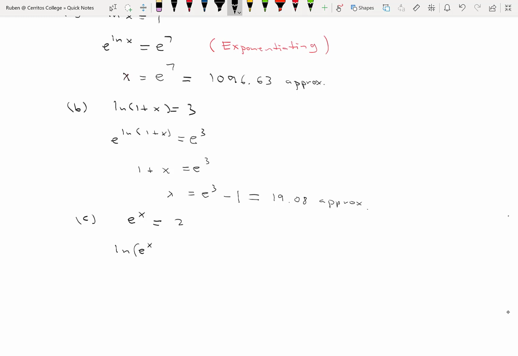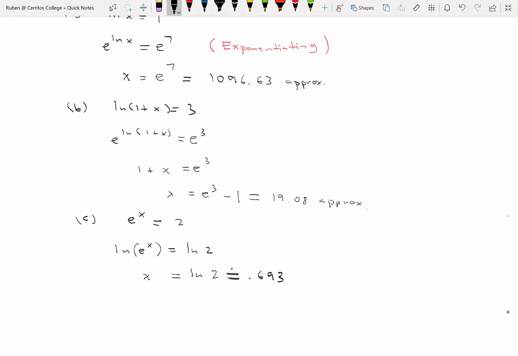Natural log of e to the x equals natural log of 2. Natural log and e to the x are inverses, so however you compose them, they cancel each other out. So we get x equals natural log of 2. That's approximately 0.693.